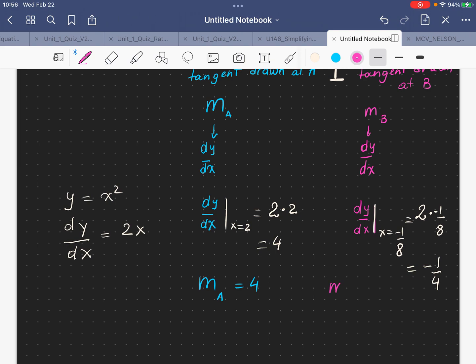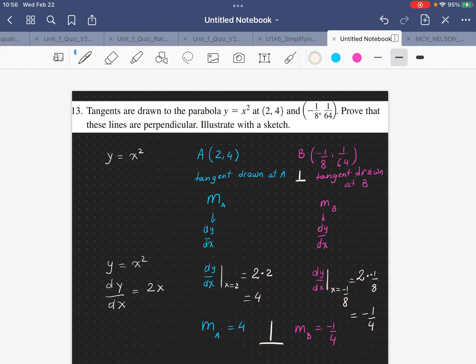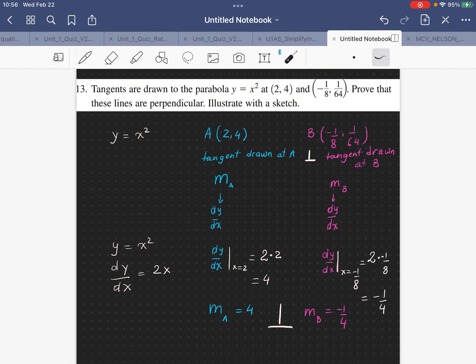And the slope of the tangent drawn at B will be negative 1 over 4. If you compare these 2 numbers, they're negative reciprocals of each other, which means that the 2 lines with the respective slopes will be perpendicular to each other. And with this, we have answered the question that the lines are perpendicular.